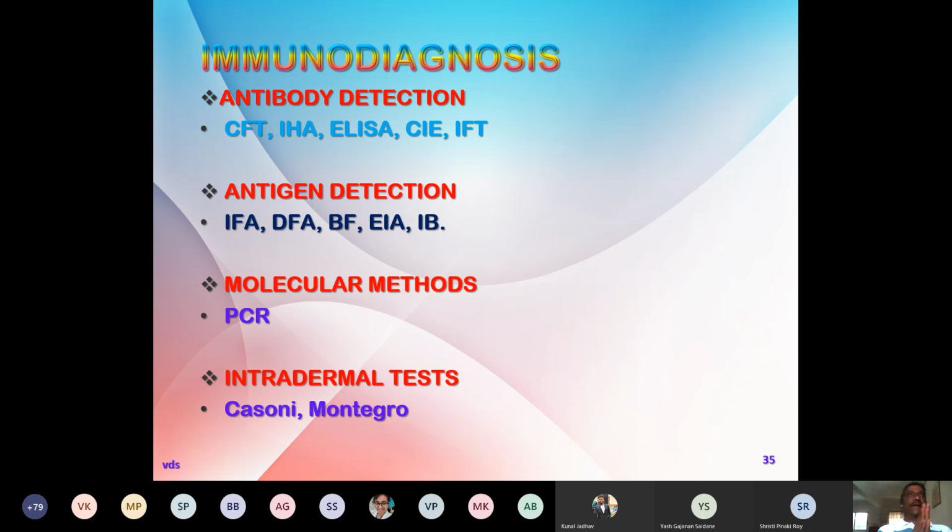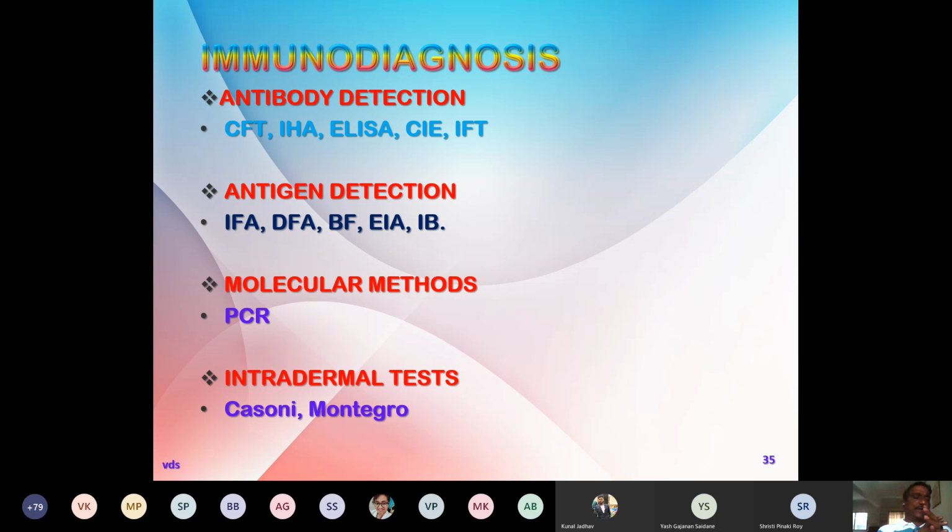Casoni's test, which is done for the diagnosis of immediate hypersensitivity in hydatid disease caused by Echinococcus. 0.2 ml of hydatid fluid is directly injected intradermally, and after 2 hours, we observe for an immediate hypersensitivity reaction with the development of wheal and flare reaction. This indicates the hypersensitivity towards the antigen of Echinococcus.